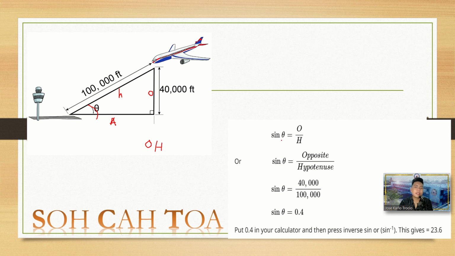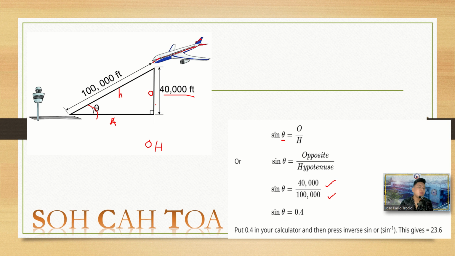Okay, the sine of theta, or the angle, is opposite over hypotenuse. Simple as that. Opposite is 40,000 feet, and the hypotenuse is 100,000 feet.